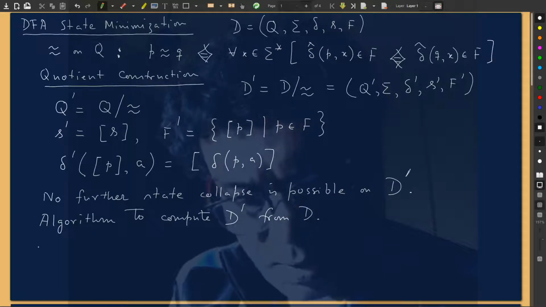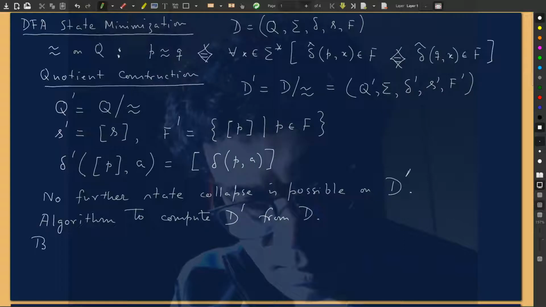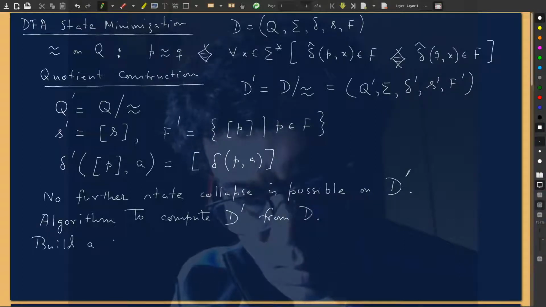We will essentially build a two-dimensional table.